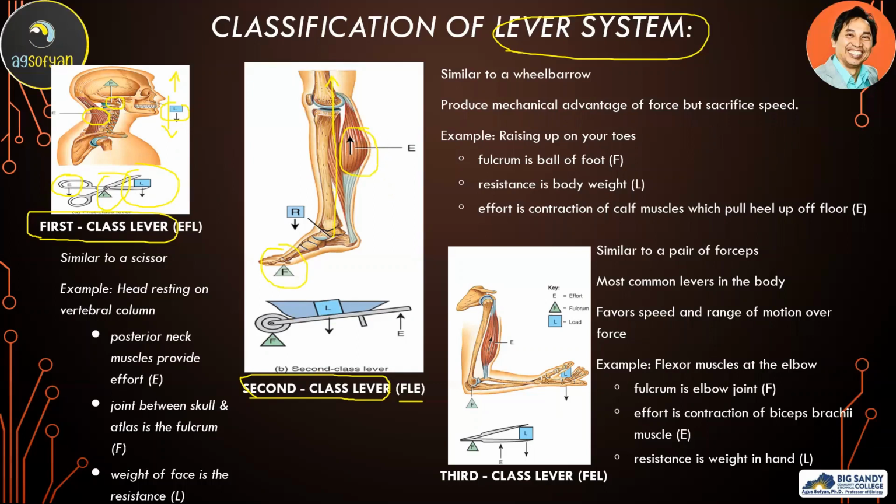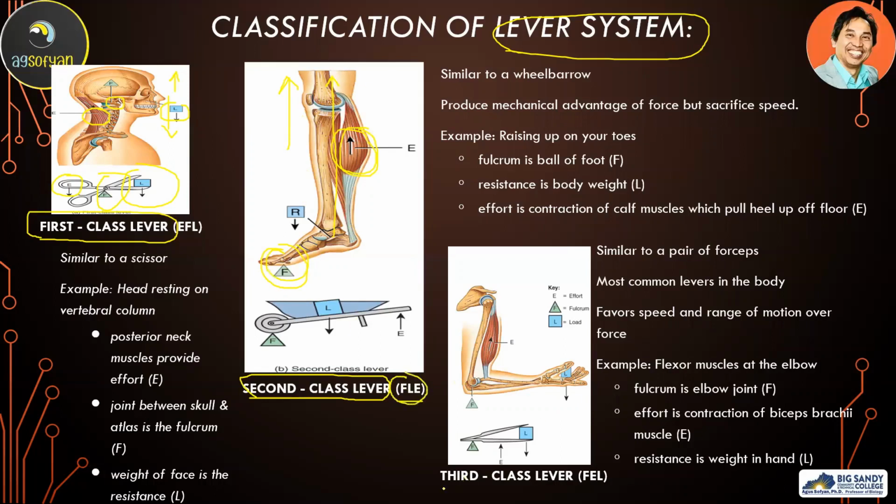If we want to lift up our body, we have to make the effort from this muscle. When this muscle contracts, it will lift up our body, with the load in the middle and the fulcrum, the fixed point, staying, so our body will be lifted up. So this is the second class lever, FLE.